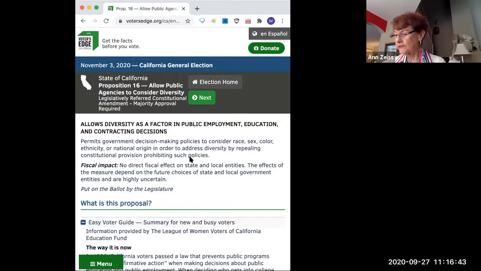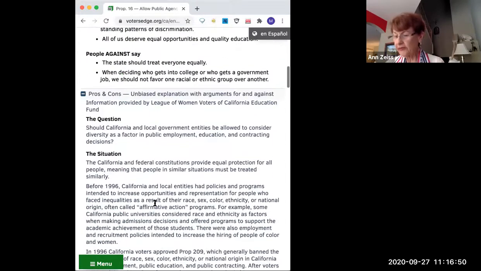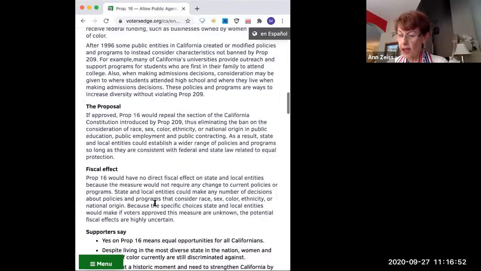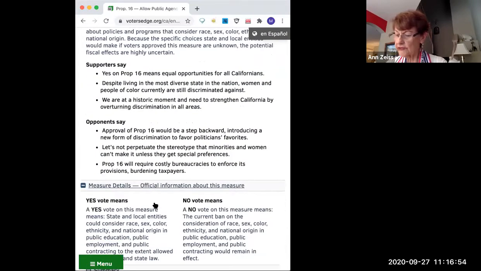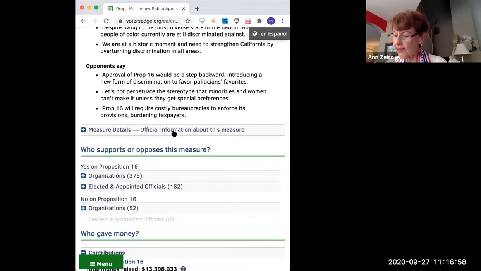All right, the proposal. If approved, Prop 16 would repeal the section of the California Constitution introduced by Prop 209, eliminating the ban on affirmative action.